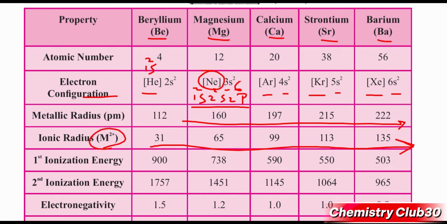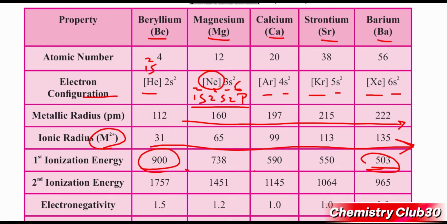First ionization energy is maximum for beryllium, and ionization energy decreases from top to bottom, and barium has the lowest ionization energy. The reason for this is that the atomic radius is increasing as we move downward, so it will be easy to remove the electron from barium as compared to beryllium.